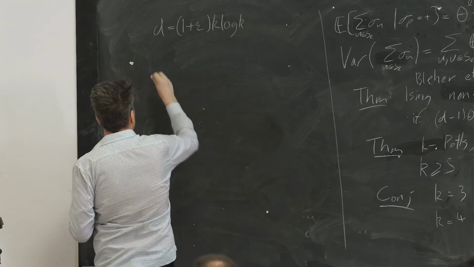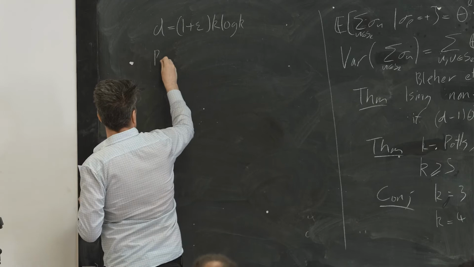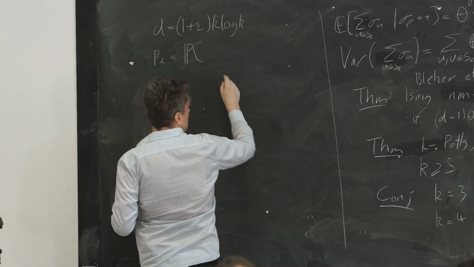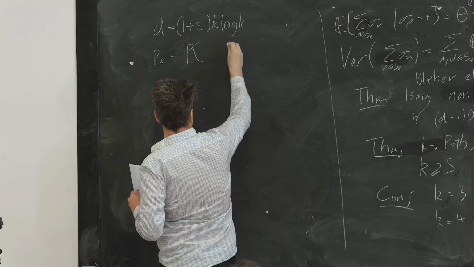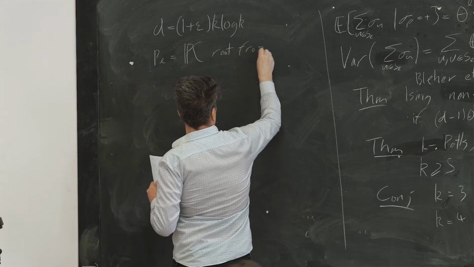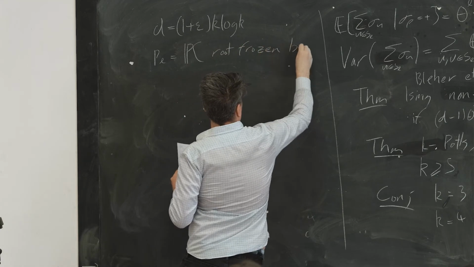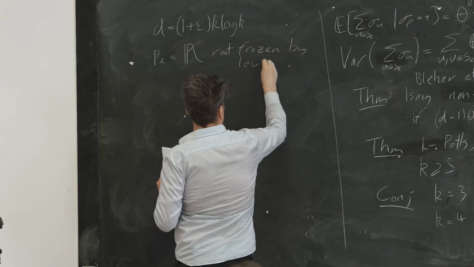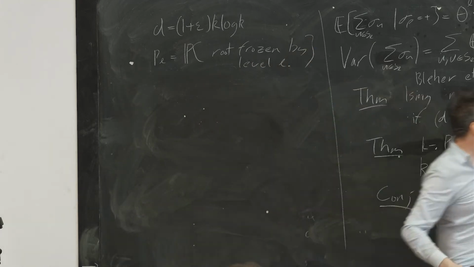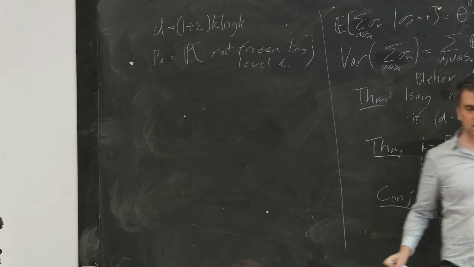And I'll let P_L be the probability that the root is frozen by level L. So when I look at the colorings L levels down, I can exactly work out the value of the root.